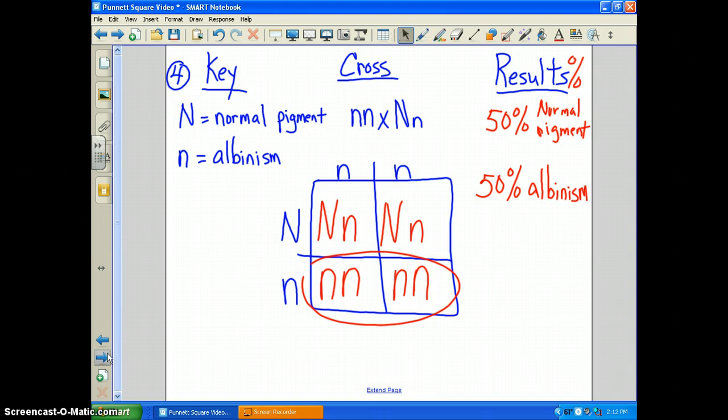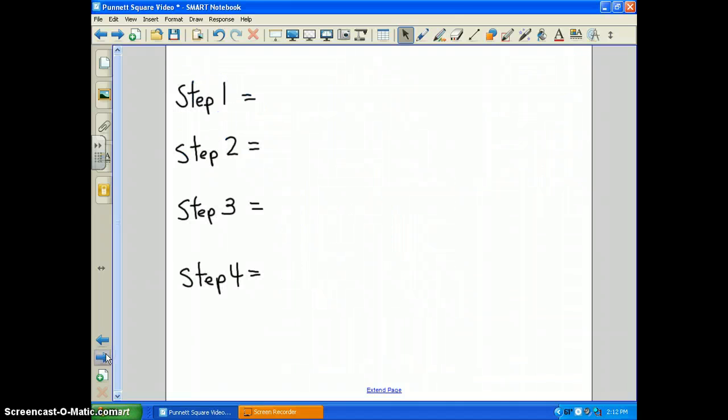Very good. Okay, to sum up and final, let's look at our steps. Just let's review them. Step number 1, create your key. Step number 2, make your cross.